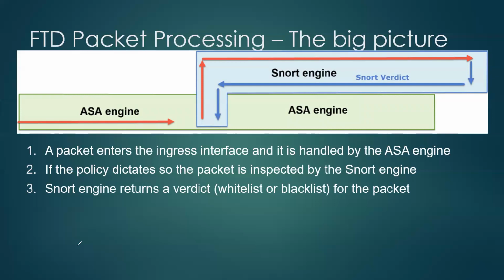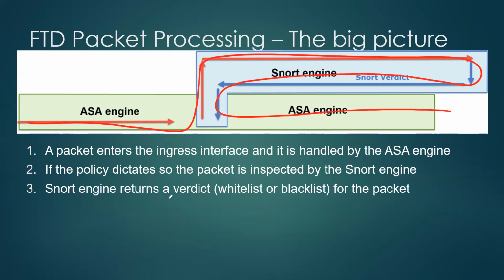So if I draw it, you can see the packet is coming, it is going to Snort inspection, again it is coming back, and then again it is coming to the ASA engine. Why? Because from that side it has to reach the egress interface. That is very much what is happening in all the use cases we have within all the next generation firewalls.